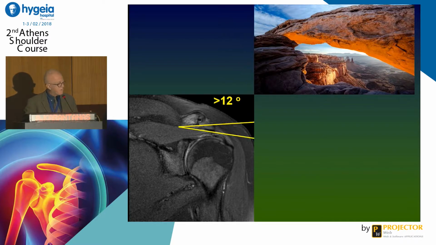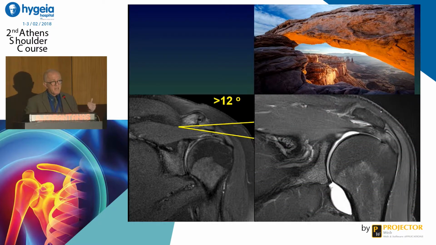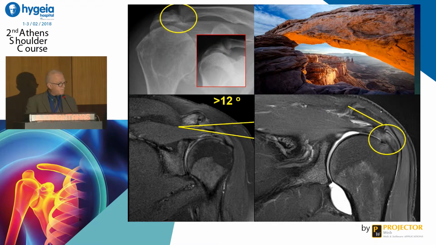If it's more than 12 degrees, then we say that we have to deal with a lateral downsloping of the acromion, and here's the result. You see the slope, you see a thickened ligament, and the tendon itself is thick and has abnormal signal intensity in keeping with supraspinatus tendinopathy.